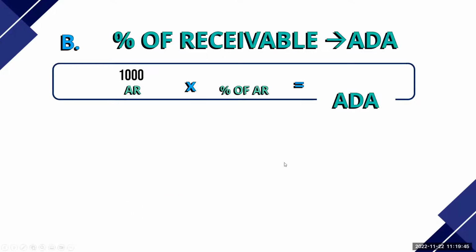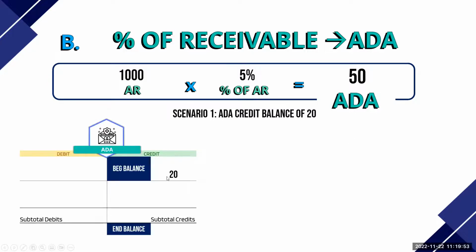So in the example, when you have percentage of receivables, what you'll get is an ADA of 50. So in the T account, rather than going inside here, dito siya lumalabas at the ending balance. Since 50 yung ending balance natin, we'll have to solve for ano ba yung BDE adjustment for ADA for the period.